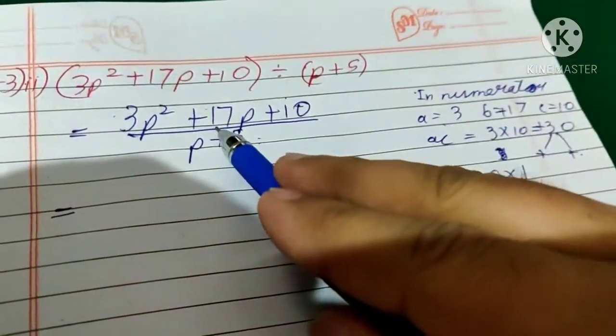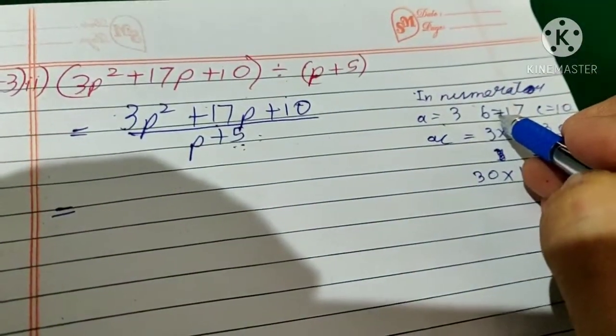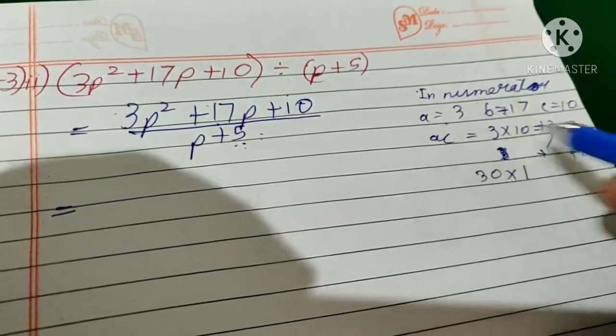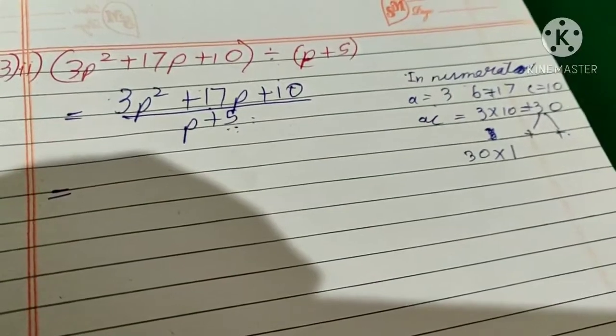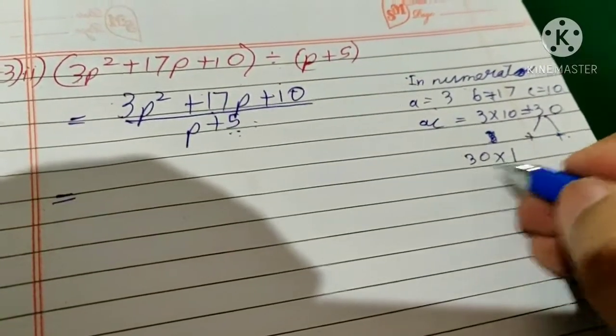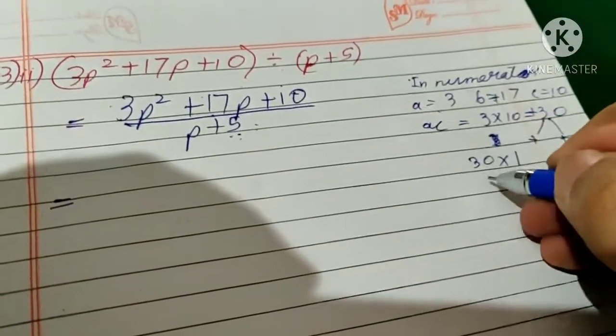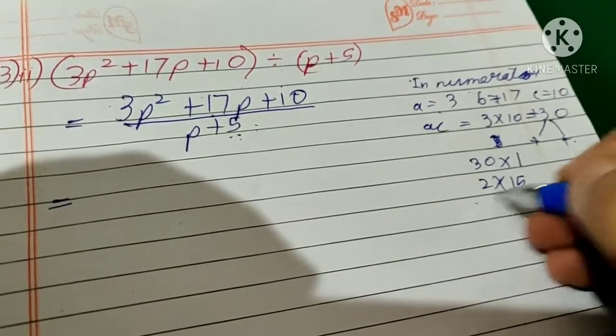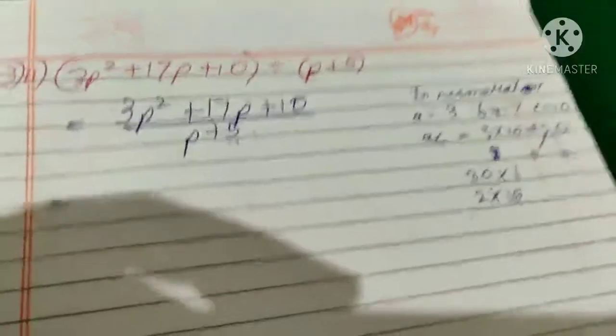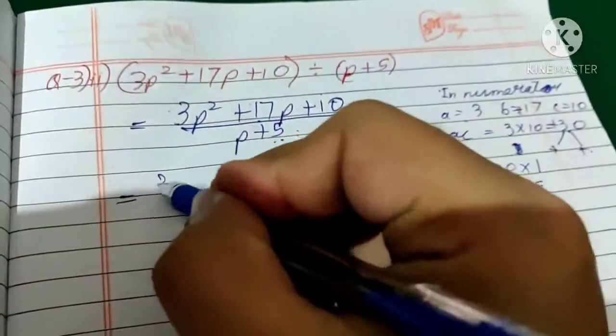We have to get B, that is 17. 2 into 15, it is 17. So we have got the factors 2 and 15.